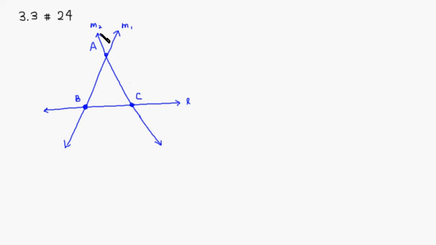All right, since both of these are perpendicular to L, we know that the angle here is 90 degrees, right? The angle here is 90 degrees, all right? Then we can construct a point. So, segment construction theorem.